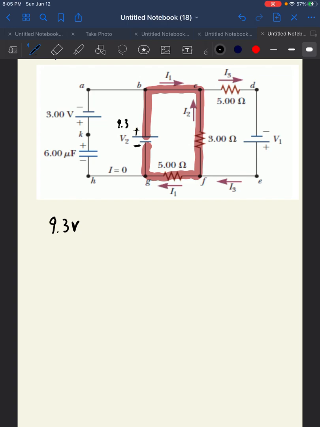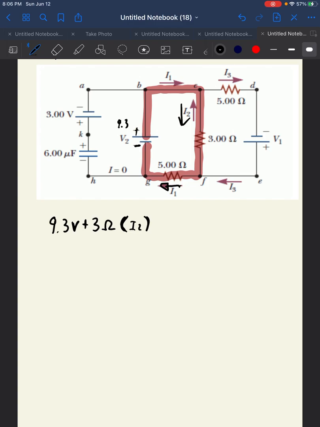Let's find our next resistor. We are now at our next resistor. We are going in the opposite direction of the current, so that will once again be positive. So we will have positive 3 ohms times I2. Let's look for our next resistor. Next resistor right here, we have I1 going across that.